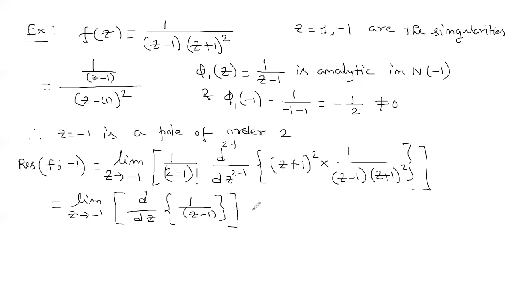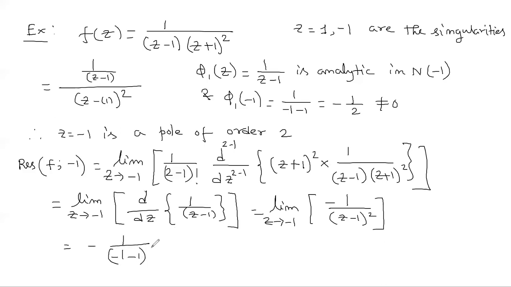So here we are getting limit z tends to -1 of -1 by (z - 1)^2. So the residue is -1 by (-1 - 1)^2, so it is -1 by 4. Here we are getting the residue at the point -1 as -1 by 4.